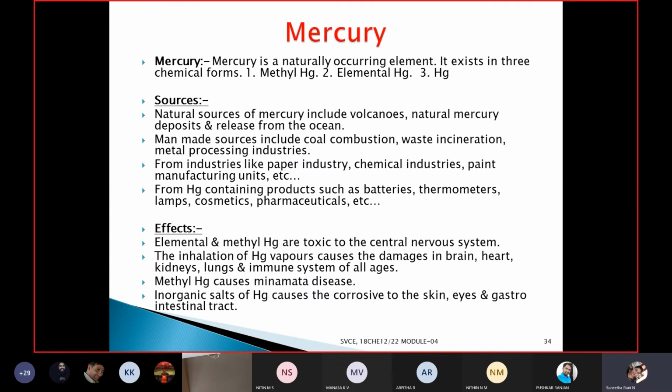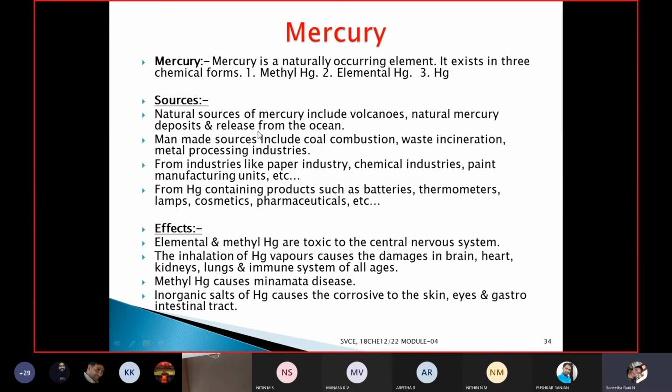Mercury pollutant. Mercury is a naturally occurring element. It exists in three forms: methyl mercury, elemental mercury, and mercury itself. So what are the sources? Natural sources include volcanoes, natural mercury deposits, and release from the ocean.